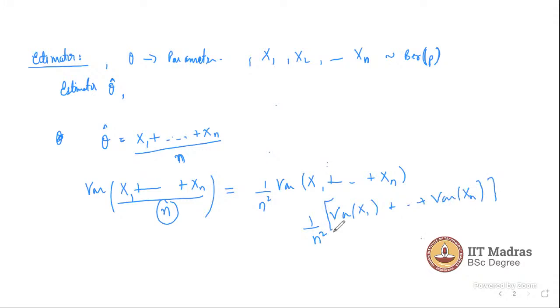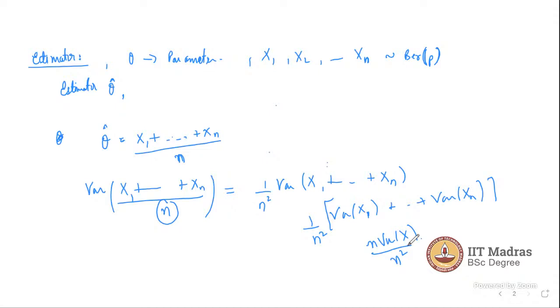And as they are IID, it is going to be n times variance of x upon n square. So the variance of the estimator is whatever estimator you have; in this case, our estimator was the sample mean, and I find the variance of the sample mean.